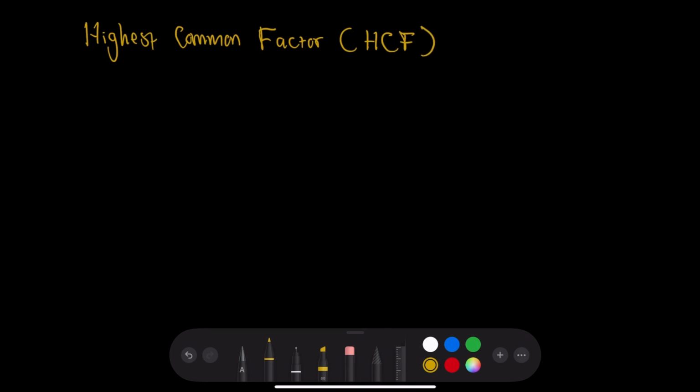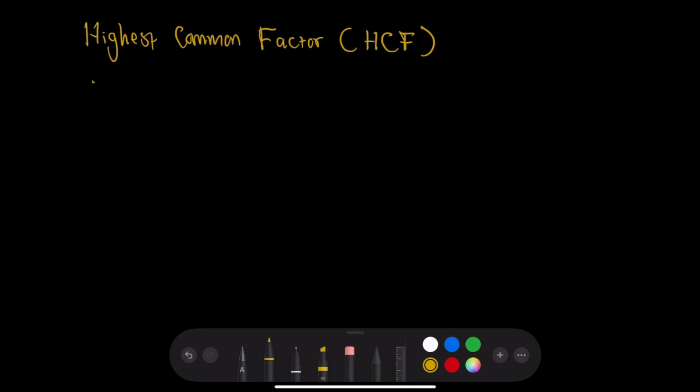Very simply, the highest common factor is whenever you get at least two or more numbers, then if you need to find the largest factor that is common to those numbers, then that largest factor common to those numbers is the highest common factor.